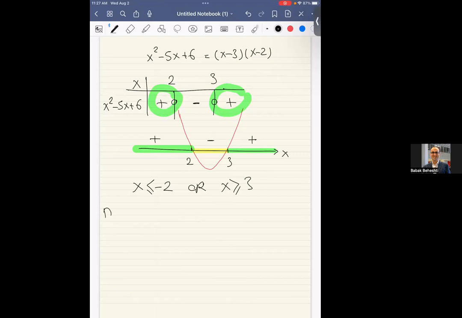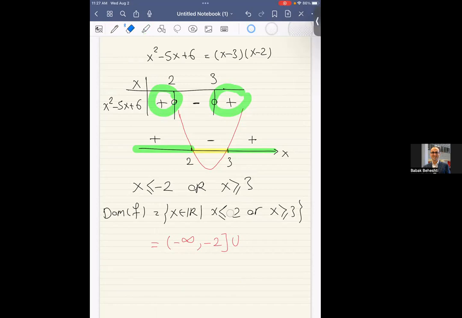So the domain of f is all real numbers such that either x is less than or equal to 2 or x is greater than or equal to 3. In terms of the union of intervals, it's negative infinity to 2 inclusive, union with, oh sorry, is it? Sorry, it's not negative 2, it's 2.